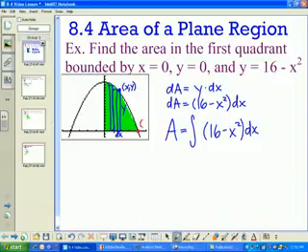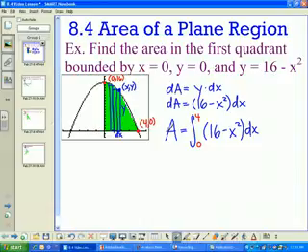Now we do need our limits of integration, so we need to know where it is intersecting. We have this point here, which would be (4, 0), and this one, which is (0, 16). Now we have 4 numbers here, but we really only need 2 of them for our limits of integration. All of our variables given are x's, so we should be using the x numbers, which are 0 to 4.